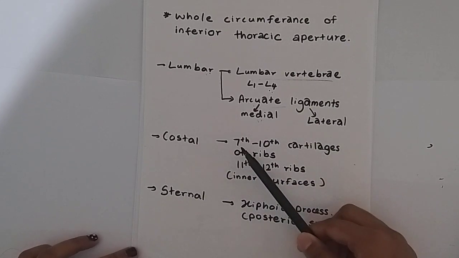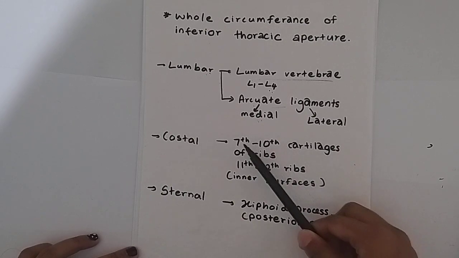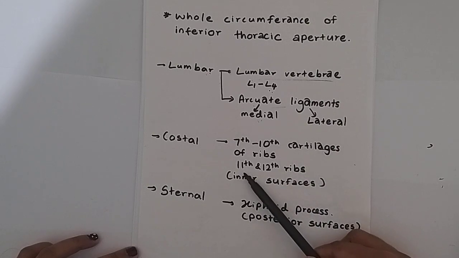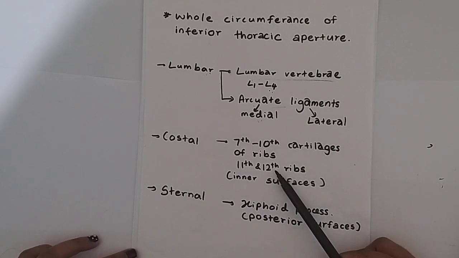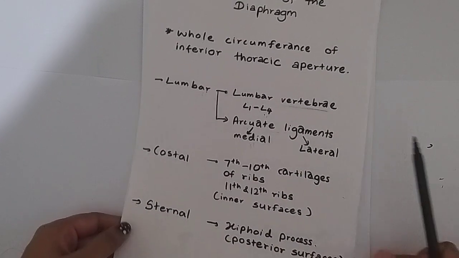The costal part arises from the inner surfaces of the costal cartilages of the 7th to 10th ribs, and the inner surfaces of the 11th and 12th ribs. And the sternal part arises from the posterior surface of the xiphoid process. I just noted it to make it clear.